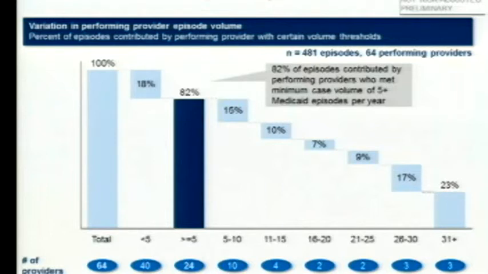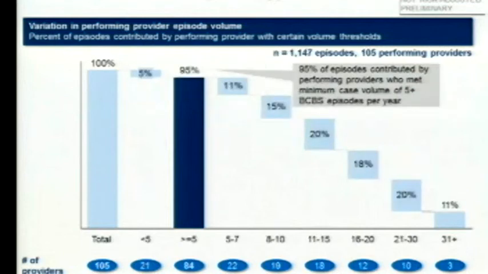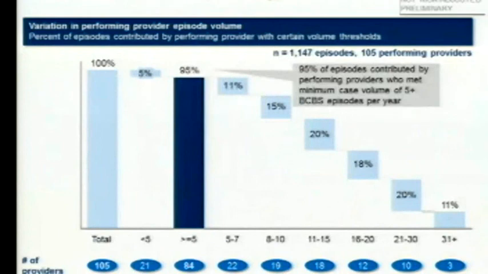Forty of those had very small Medicaid volume, less than 5 episodes per year, and 24 of those providers had at least 5 episodes per year, and those 24 providers accounted for 82% of the episodes for Medicaid over the course of a year. Page 44 shows the same chart for Arkansas Blue Cross, where 84 out of the 105 providers accounted for about 95% of the volume for PCIs for that year.